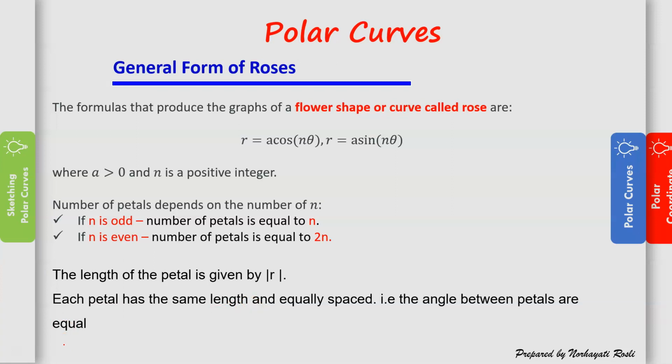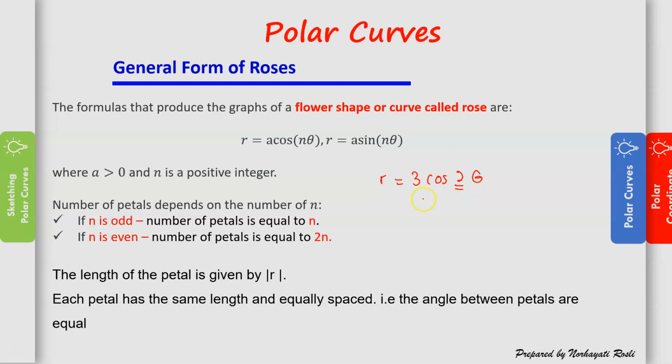So class, for this concept, the number of petals depends on the value of n. Let's say I have r equal to 3 cos 2 theta. You can see this n is equal to 2, which is an even number.